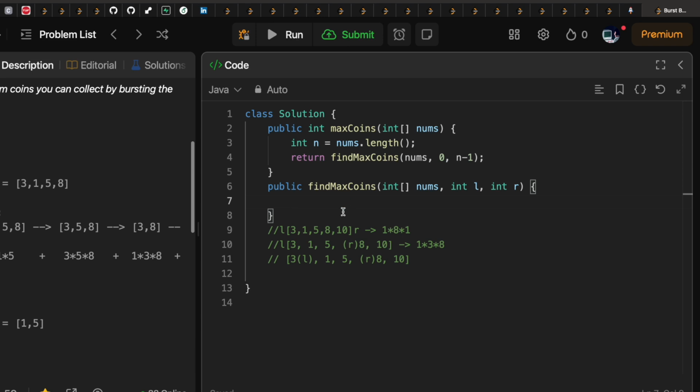Initially, suppose we are bursting 8, so left part is this and right part is this. That means right part is n and left part is minus 1.